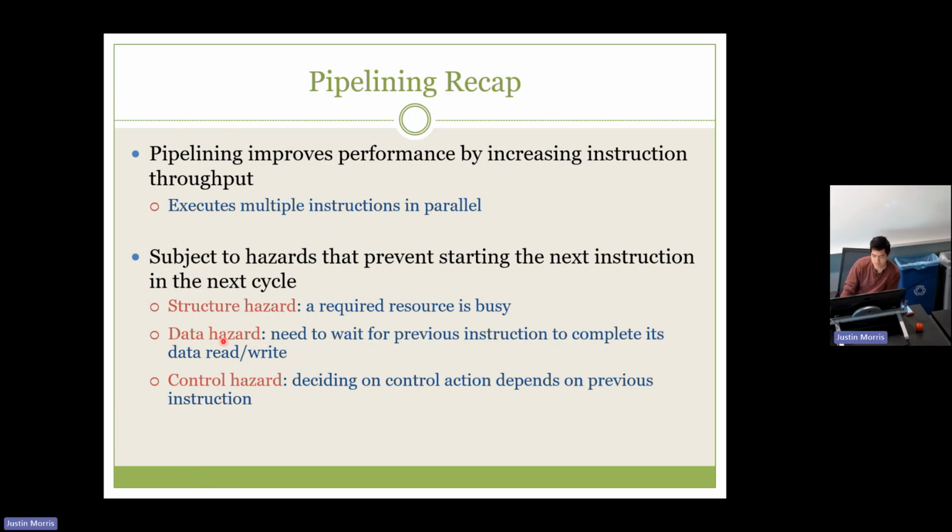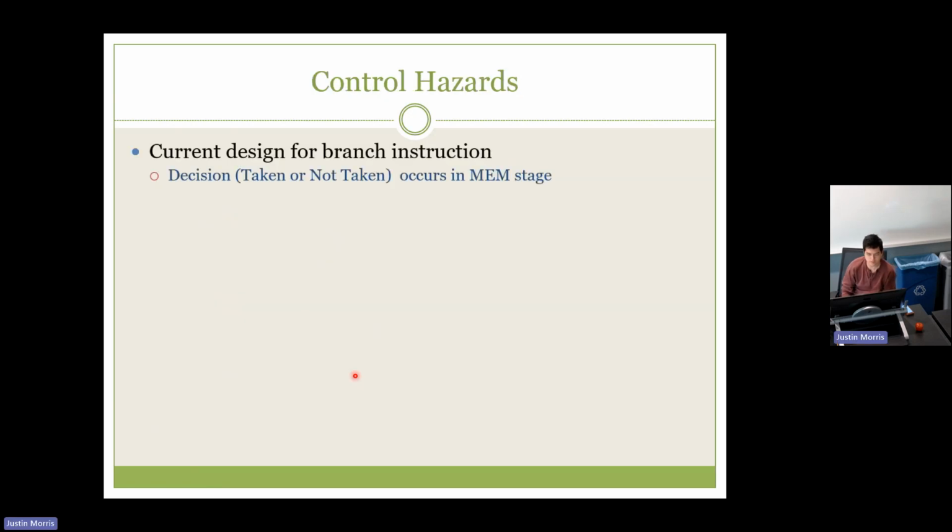We talked about data hazards and we just finished the last of data hazards. You need to wait for the previous instruction to complete its register write. And now we're going to talk about control hazards. And control hazards are our branches. So in our current design for branch instructions, the decision that the branch is going to be taken or not taken occurs in the memory stage, right?